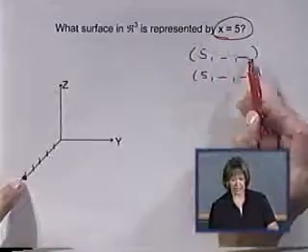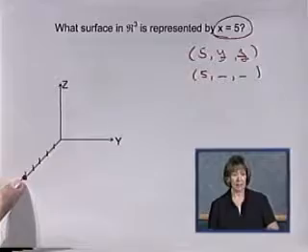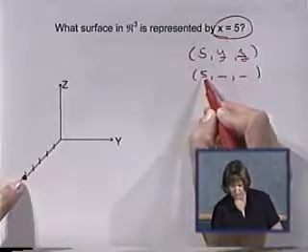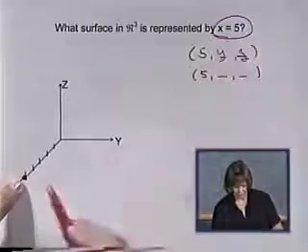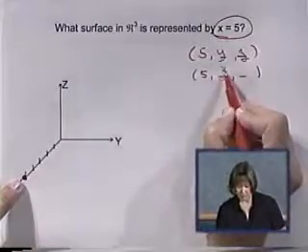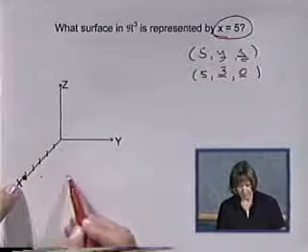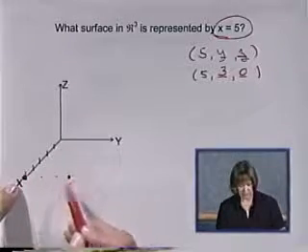Now, since y and z can be anything, we could go over 5 for x, and then we could let y be something, maybe 3, and z be 0. So you could go over this way, but z is 0, so you're not going up.